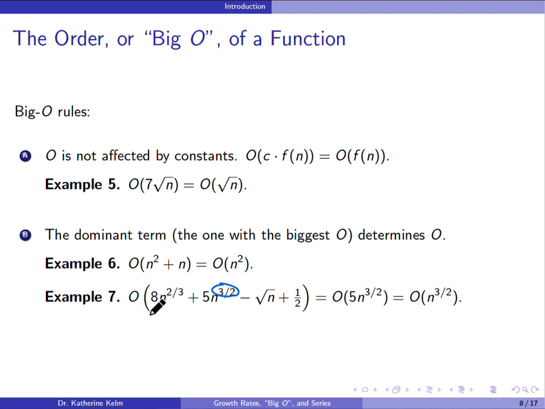So big O of 8n to the 2/3 plus 5n to the 3/2 minus the square root of n plus 1/2 is big O of 5n to the 3/2. And because constants don't matter, this is big O of n to the 3/2.